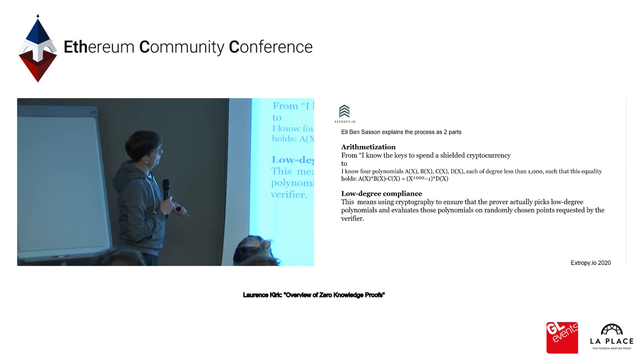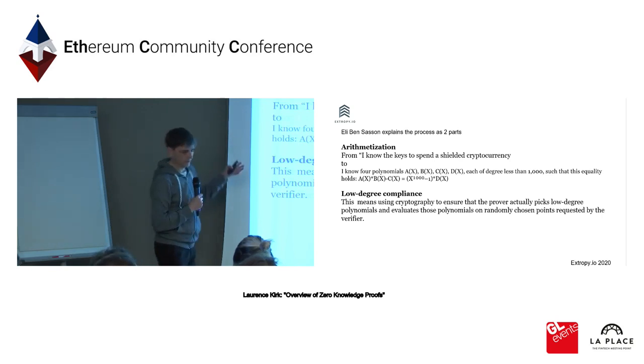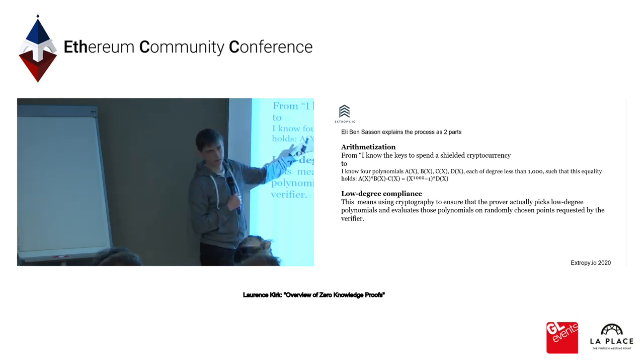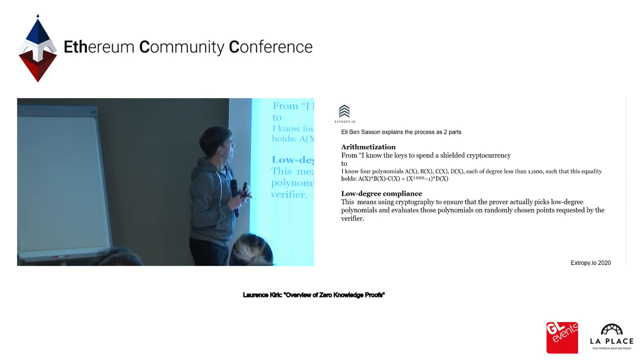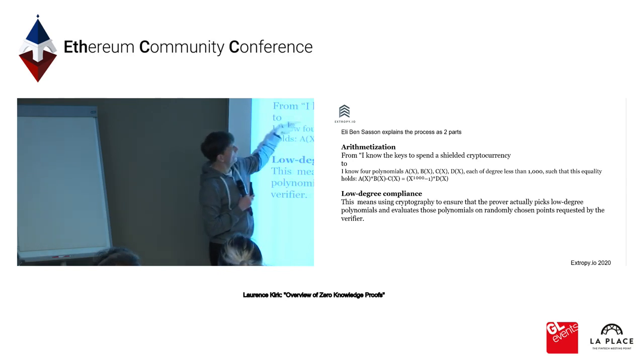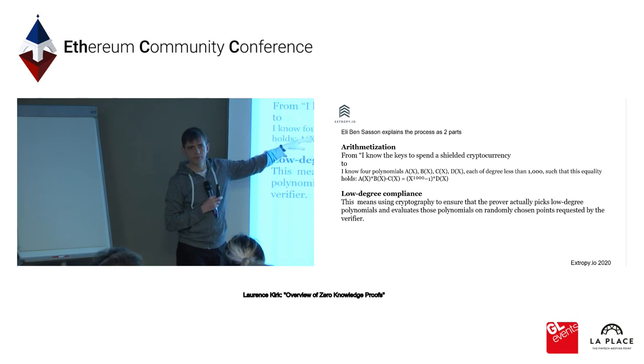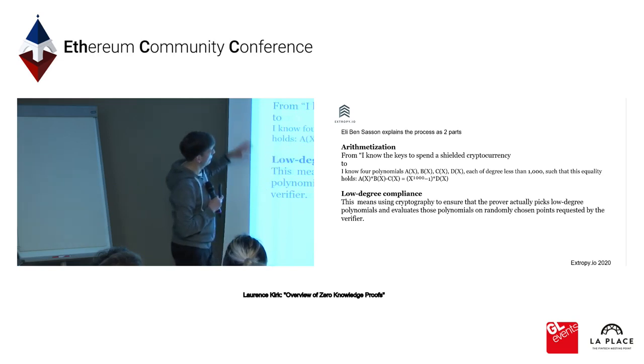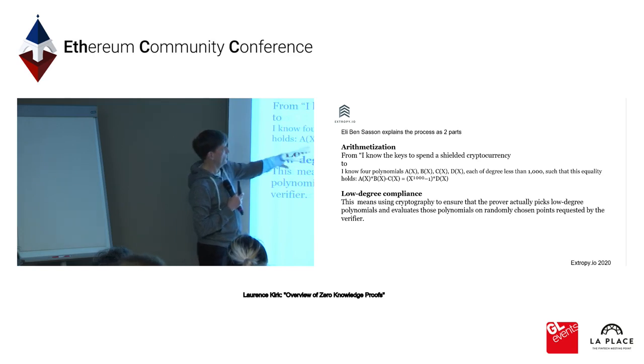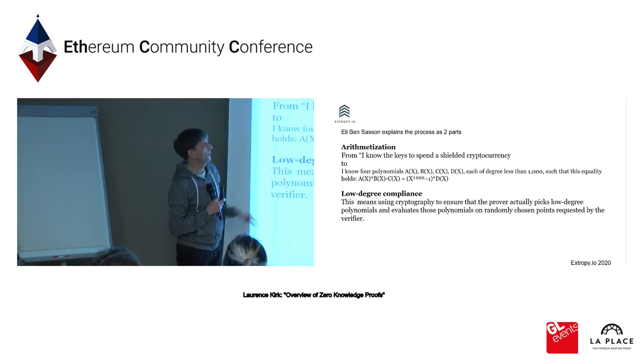Okay, another way to look at this is effectively the same kind of process, but imagine we're talking about, say, a cryptocurrency. You start off with some keys, and from that you turn this into some polynomials, and you have them in a particular relationship.